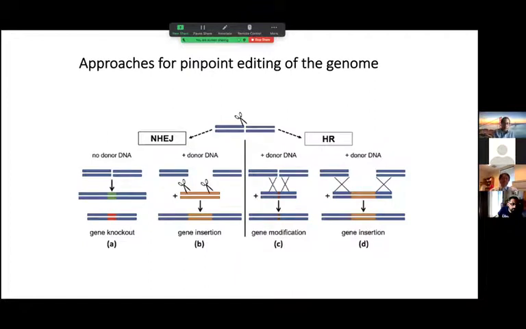And some of the things you may want to do: if you can cut a specific sequence, during the repair process you can get a gene knockout. You can use a template DNA so that where you cut, you can get something called non-homologous end joining, inserting your DNA sequence where the break was, because AAV does tend to integrate into broken regions of DNA.